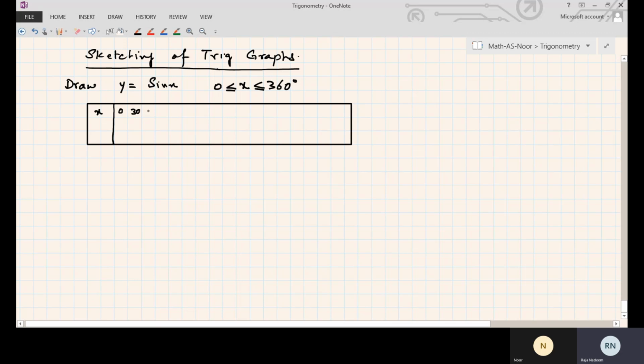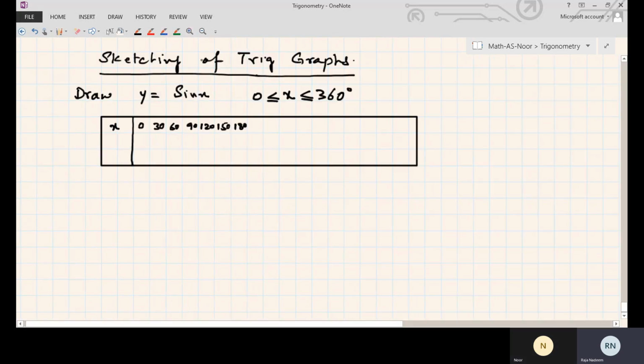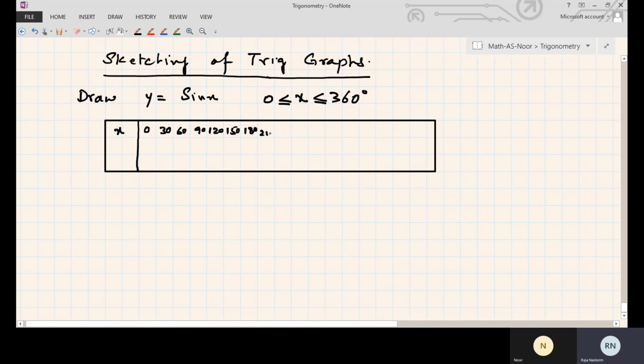For drawing, normally we take all the angles with the difference of 30 degrees: 0, 30, 60, 90, 120, 150, 180, then 210, 240, 270, then 300, 330, and 360.